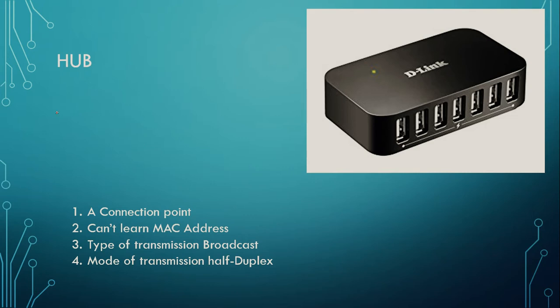How? Let's say I'm having this one PC here, and the second PC here, and the third PC here, and this is my hub. Now these devices are connected with this hub. If PC1 sends some data to hub, and the data is destined for PC2, hub will replicate the data and send it to PC2 and PC3.